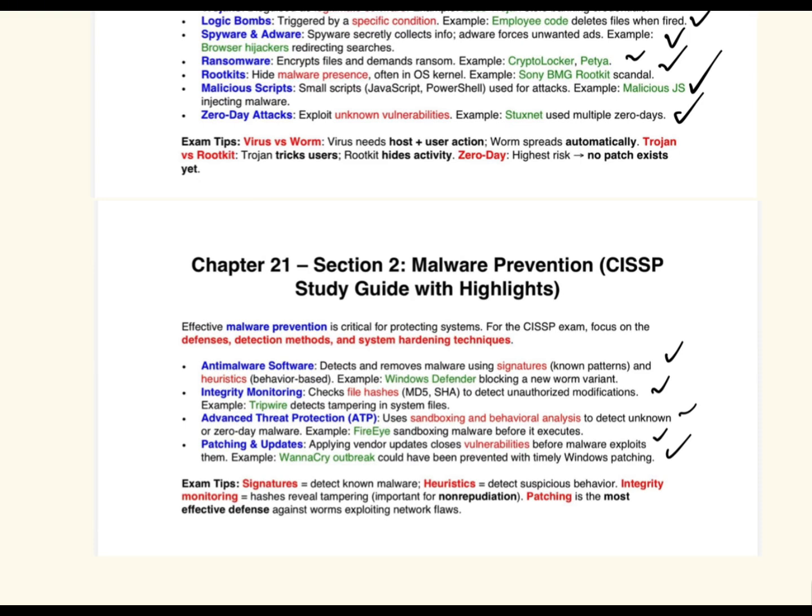ATP uses sandboxing and analysis. Patching fixes vulnerabilities. Exam tips recap: signature detects known malware, heuristic detects suspicious behavior, integrity monitoring using hash verification supports non-repudiation, and patching is the most effective overall defense.